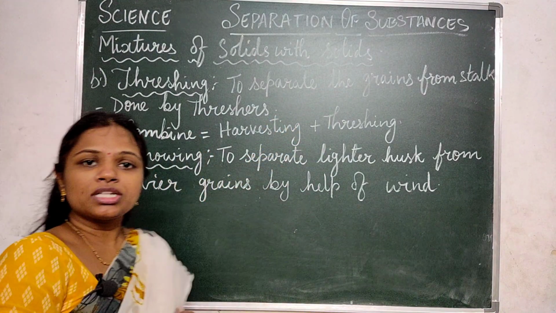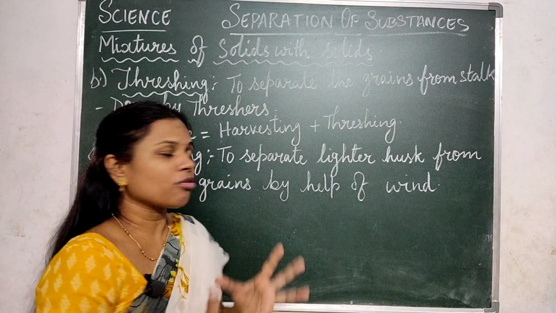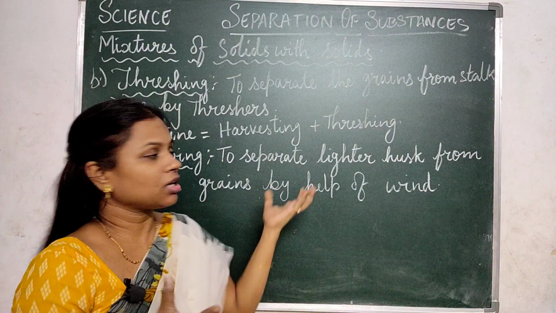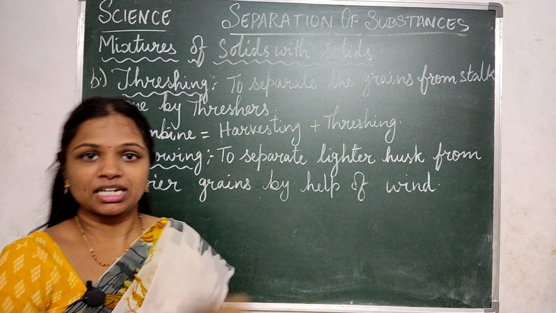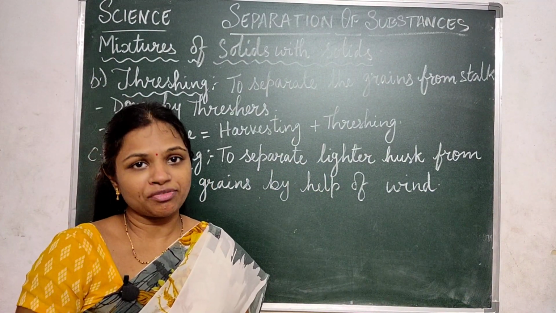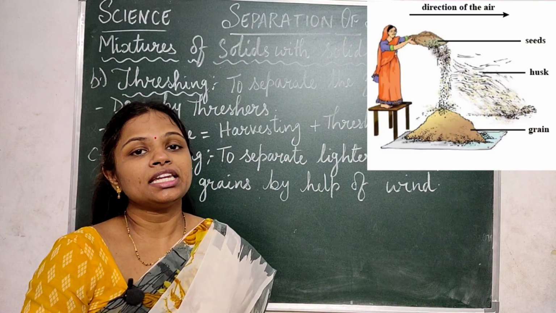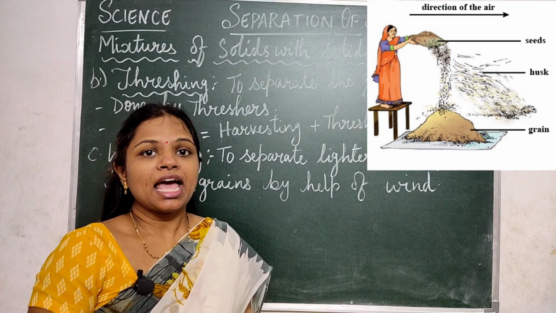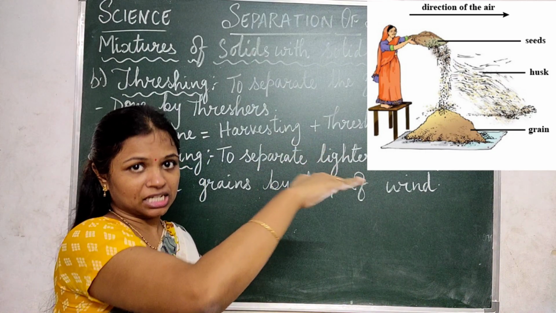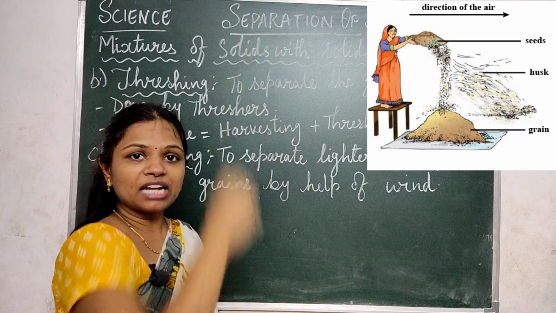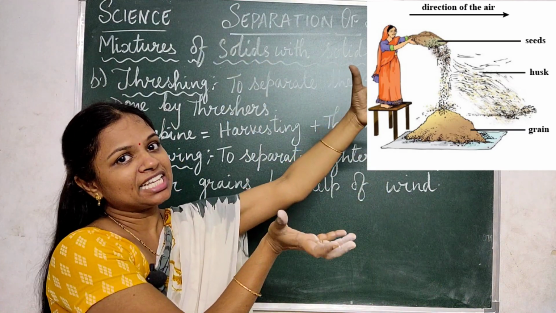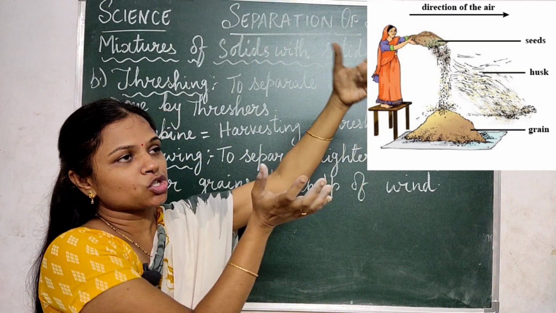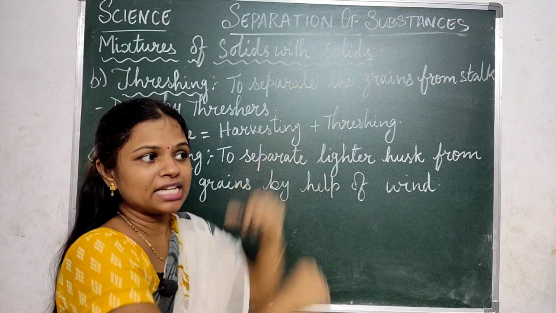What they do is take the mixture of the lighter husk and the heavier grains in a winnowing basket, and the person stands at a particular height with that winnowing basket in a slanting way, so that he drops it from that height.